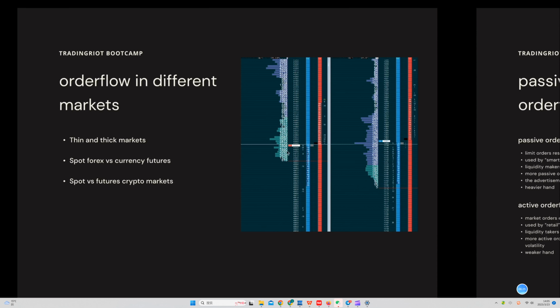This is much slower. Obviously, it takes more time for prices to move from one point to another, but all these details are much cleaner to see on this ladder compared to this one. Spot forex and currency futures, also something I mentioned.